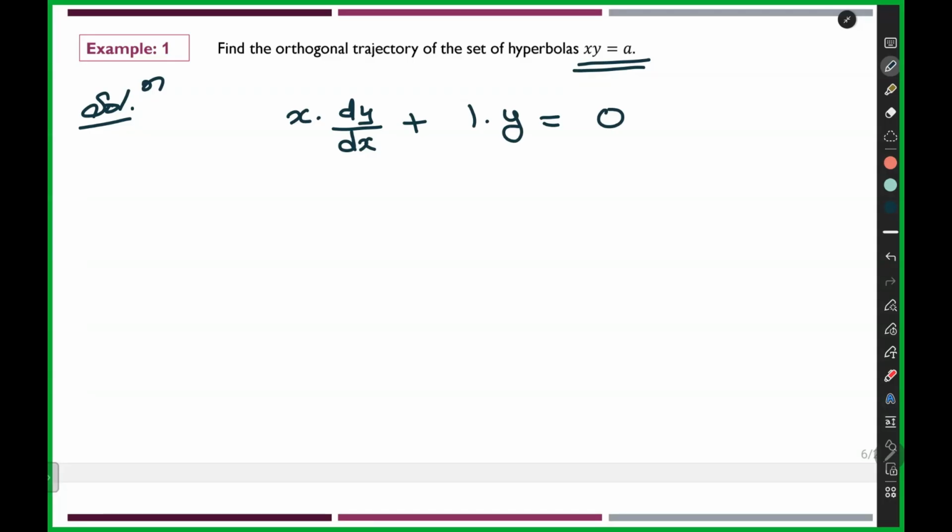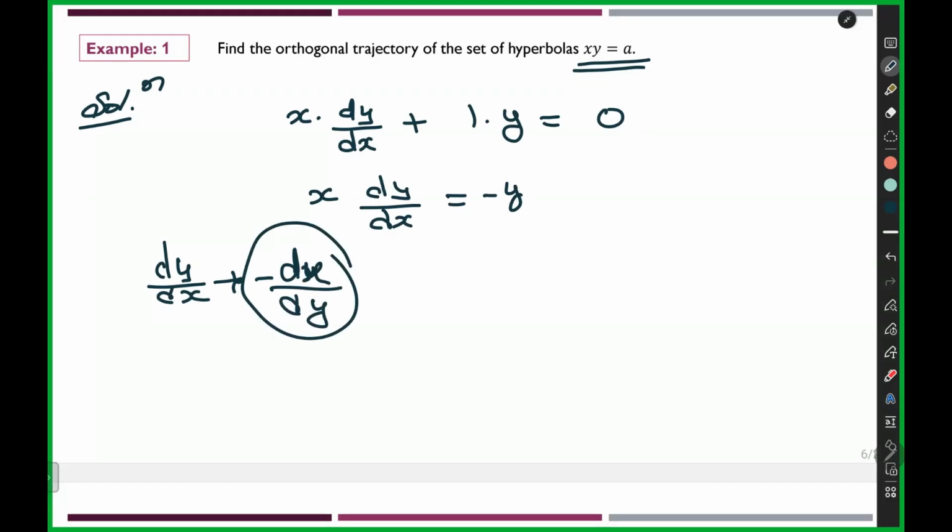Here the constant is automatically removed. So we can write x dy by dx is nothing but minus y. What was the next step? We have to replace dy by dx with minus dx upon dy. So here it is x times minus dx by dy.